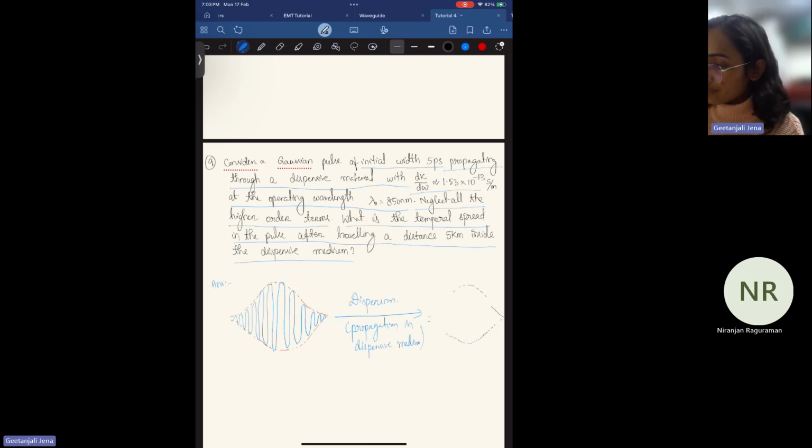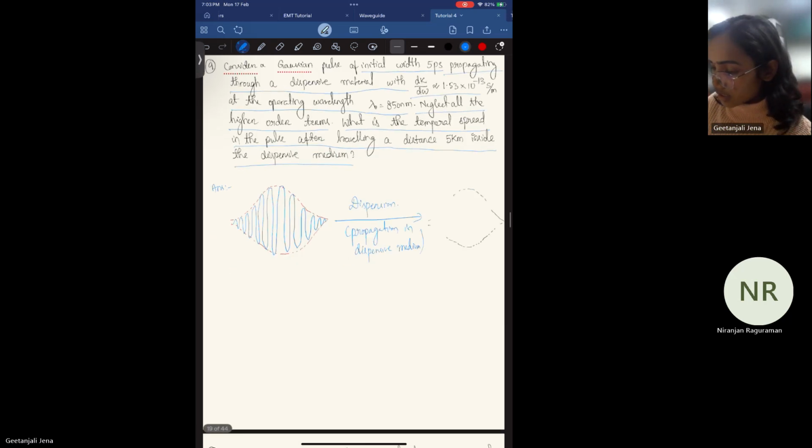So let us say we have psi of t as psi 0 e to the power minus t square by t 0 square, e to the power minus i omega 0 t. And it is already given that k is k omega 0 plus 1 by vg times omega minus omega 0, and we neglect all the higher order terms.